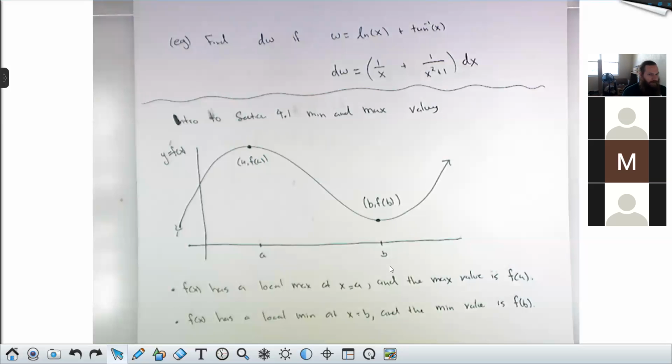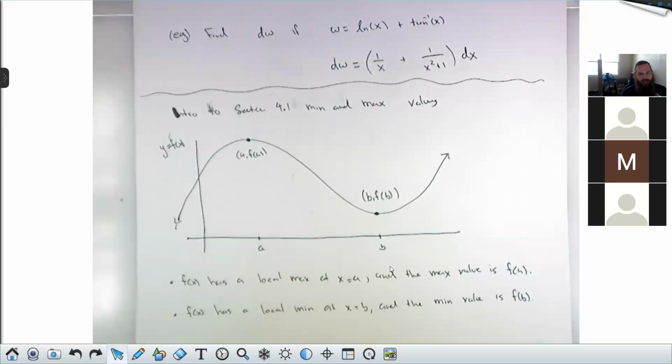I ask you, what do you notice about these graphs at those points? What's special about these points? Besides this being a local max and this being a local min, what can you tell me about the tangent line to f of x here or here? It's going to be a horizontal line. Very good. The tangent line here is definitely horizontal.